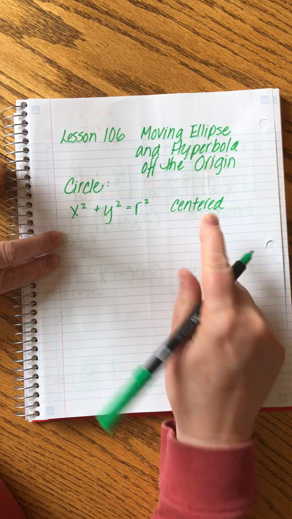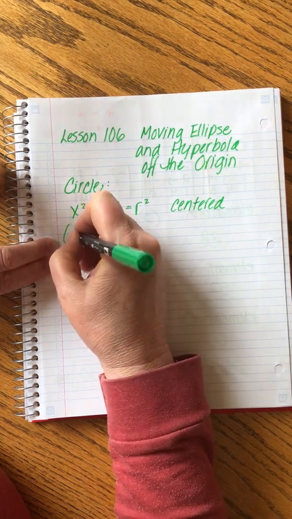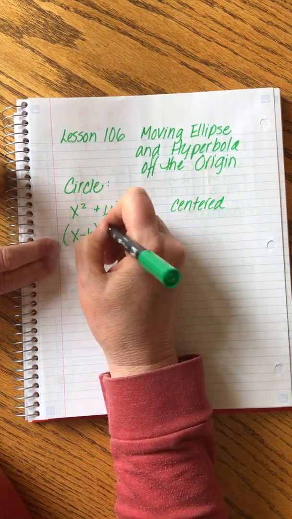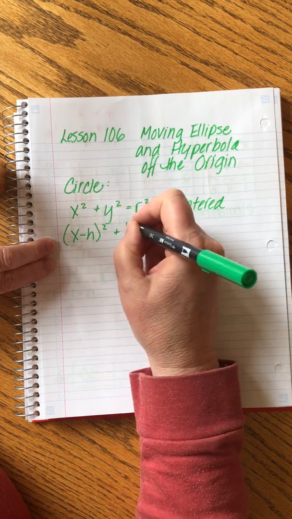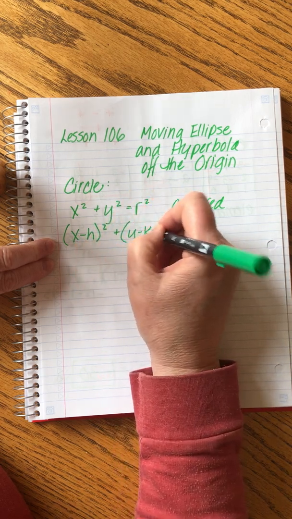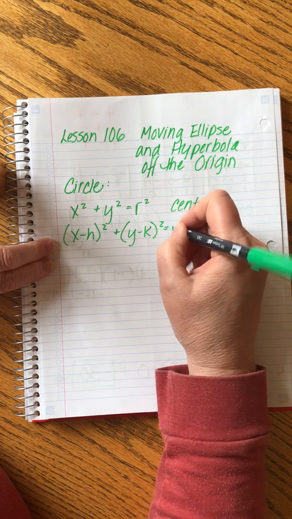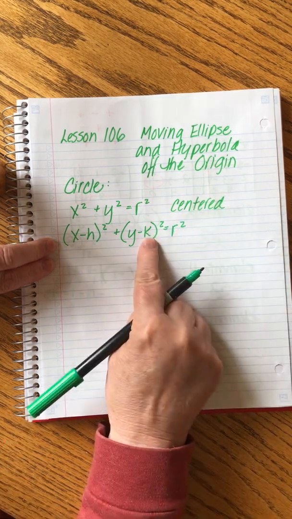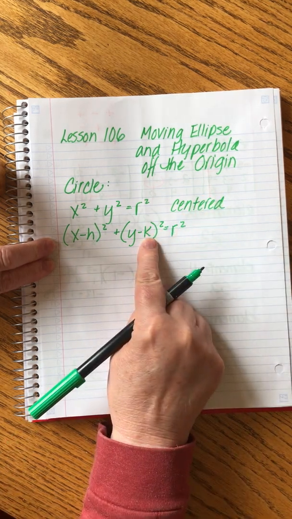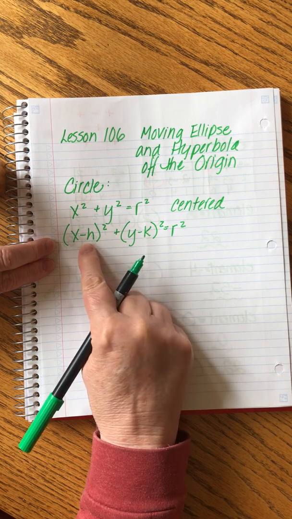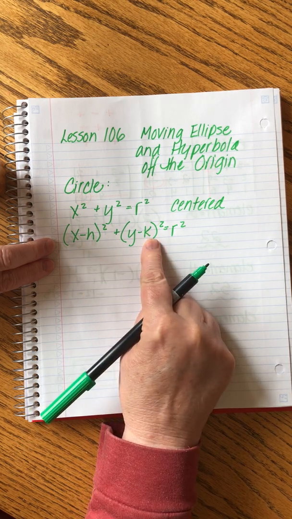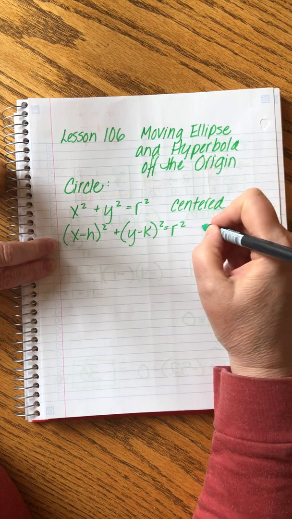If we want to change it off the origin, this is how we do it. H and K are the modifiers, and so this is how we write the equation for a circle.